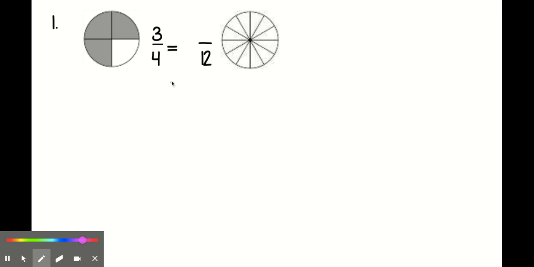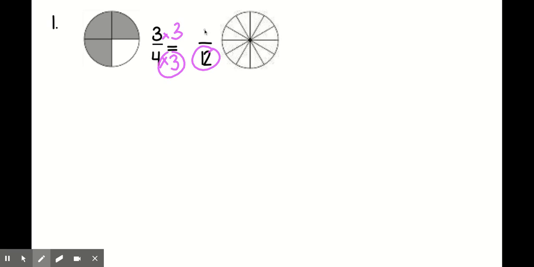First think, 4 times what gives me the 12? 4 times 4 is 16, it's too big. 4 times 3 will give me the 12. If I have to multiply by 3 on the bottom, what do you have to do to the top? Multiply by 3. So 3 times 3 equals 9 twelfths.